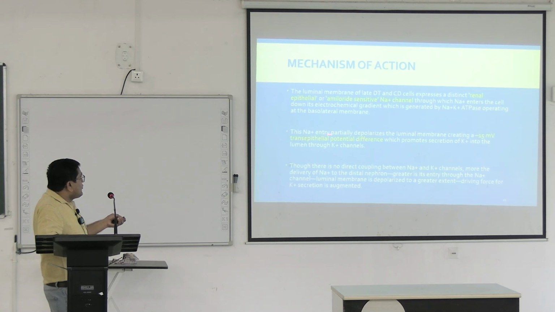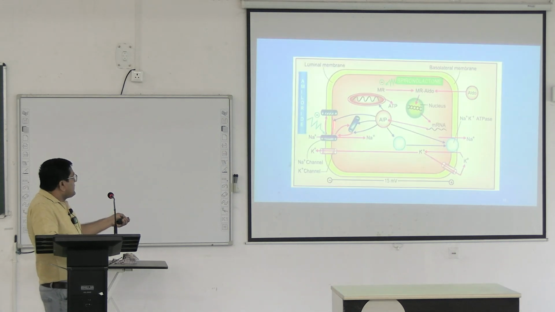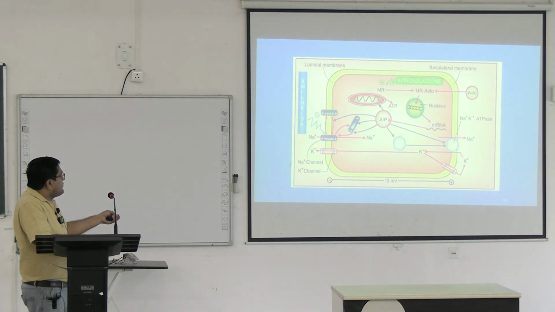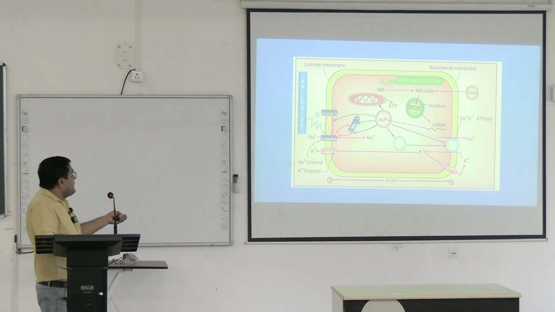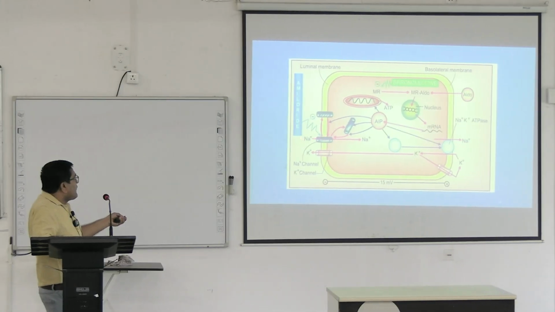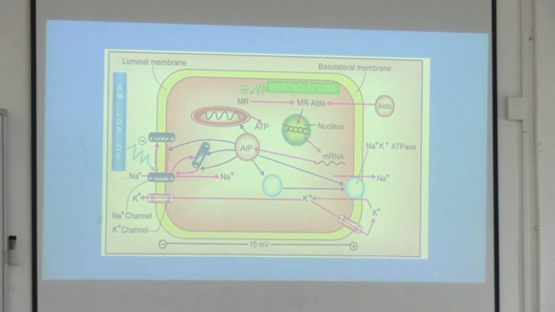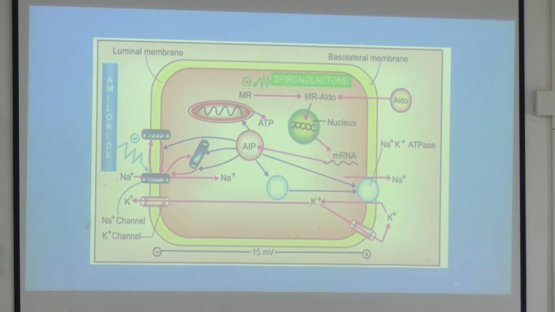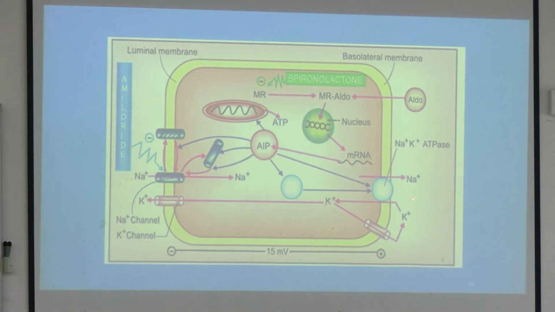Now, this sodium entry partially depolarizes. This is the amiloride sensitive sodium channel or the renal epithelial sodium channel. It helps in absorption of sodium down the electrochemical gradient which is developed by the sodium potassium ATPase pump in the basolateral membrane.